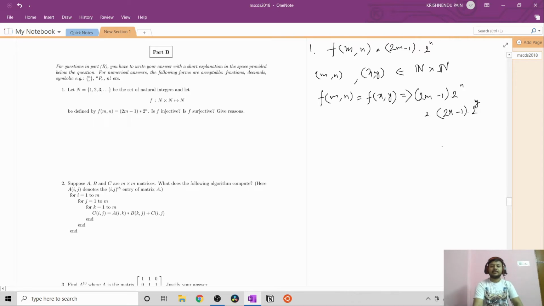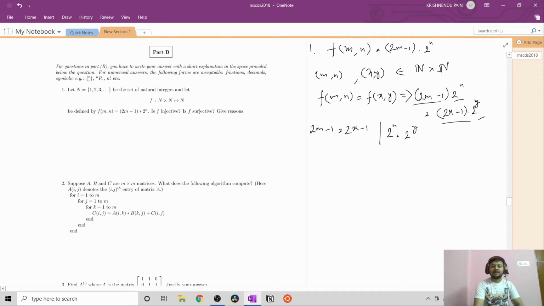So we have written the forms of f here and here. Now this 2m minus 1 and 2x minus 1 are the odd parts, and this 2 to the power n and 2 to the power y are even parts. So for the two terms to be equal, we have 2m minus 1 equal to 2x minus 1 and 2 to the power n equal to 2 to the power y.